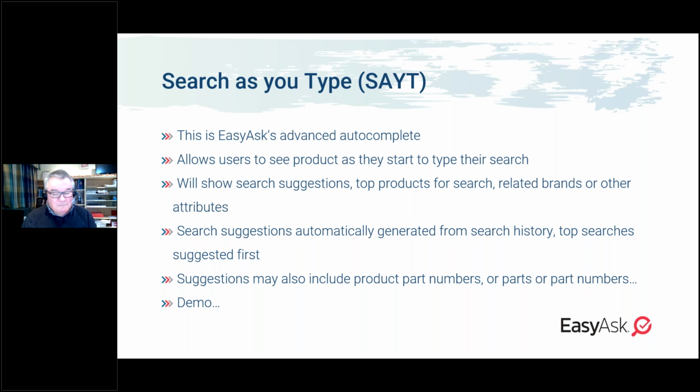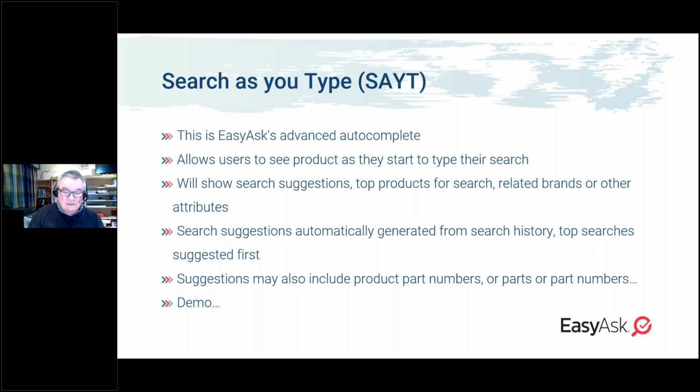But importantly, suggestions can also contain other things, and commonly that means including things like product part numbers or manufacturer part numbers or parts of part numbers. And EasyAsk does have a way of breaking up part numbers into component pieces using various algorithms that make finding a part a lot easier than having to type it all.